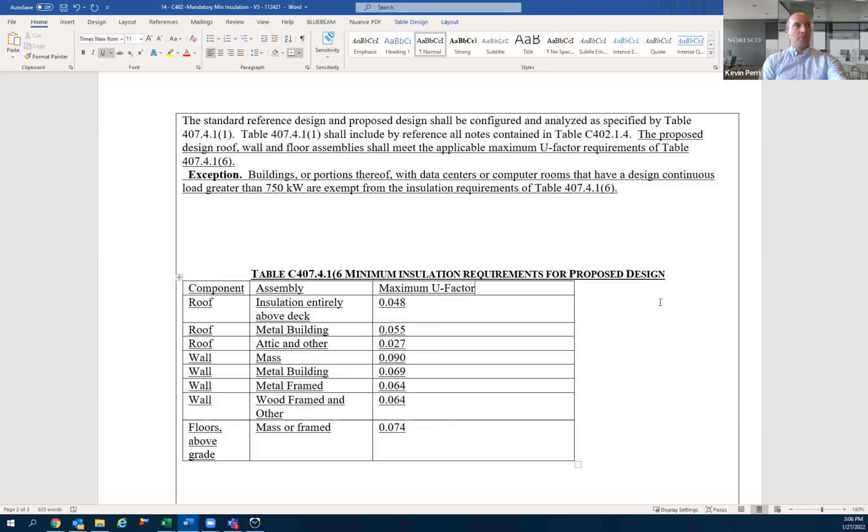Go ahead. I'd like to make a motion to also revise the exception to clarify that it's an electrical load, not heating load. Okay, the computers are going to have the design continuous load. So you want to add the term electrical here?